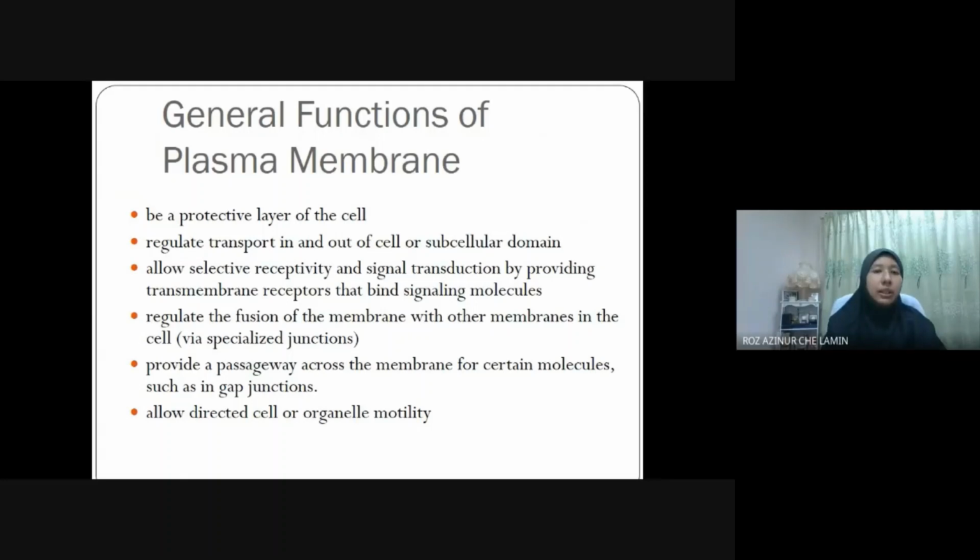It also regulates the fusion of the membrane with other membranes in the cell, which is via specialized junctions. It also can provide a passageway across the membrane for certain molecules, such as in a gap junction. Lastly, the plasma membrane also can allow direct cell or organelle motility.